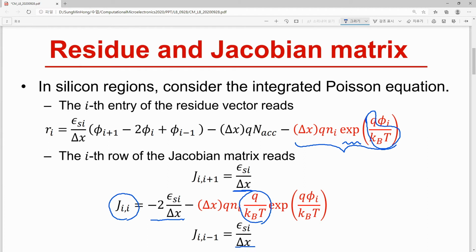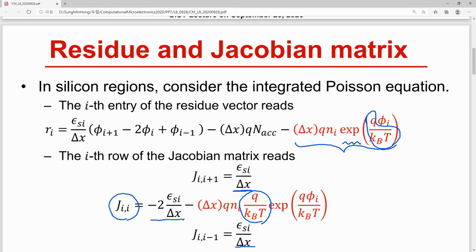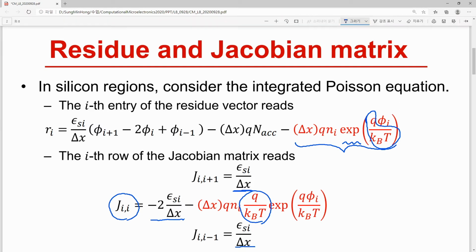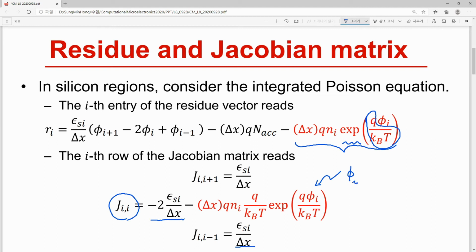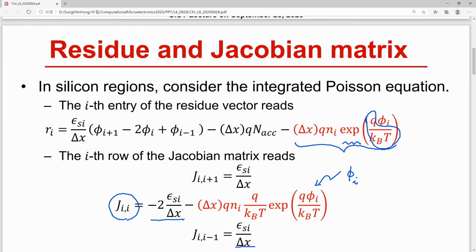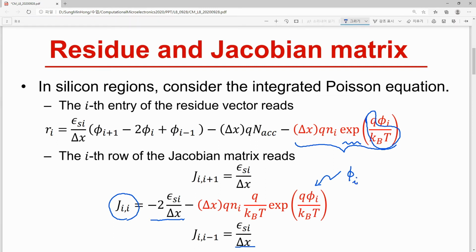So compared with our previous Poisson equation, the only difference is now we have this red colored term, which really depends, once again, on phi i itself. It means that if we evaluate the Jacobian matrix at a given Newton iteration, then it will change at every iteration.